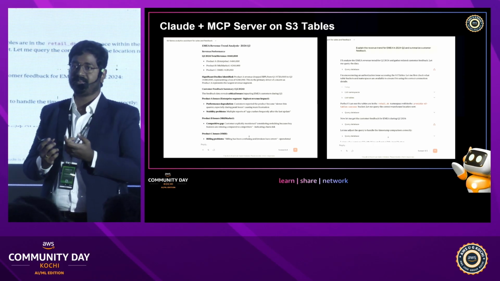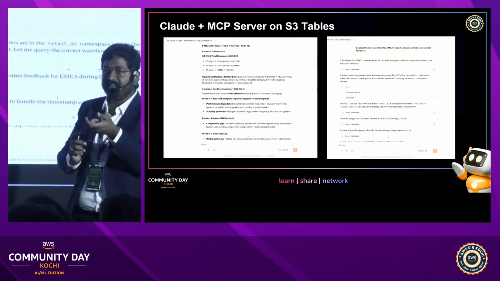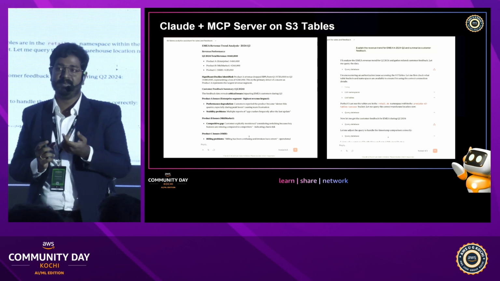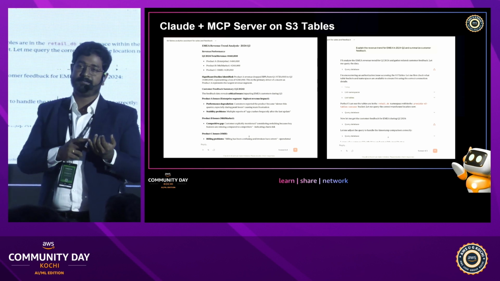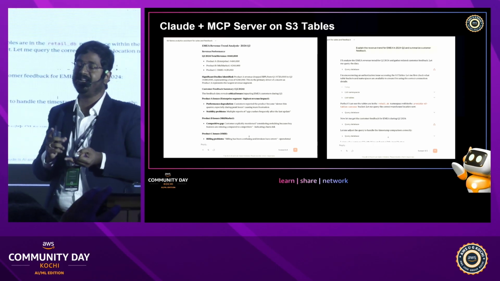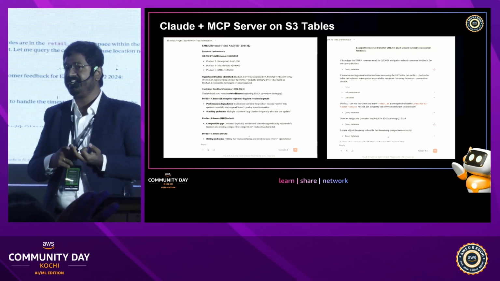The configuration is a JSON in which we provide the MCP server and the profile of that AWS user. The least privilege access is implemented using both AWS Lake Formation and AWS IAM.